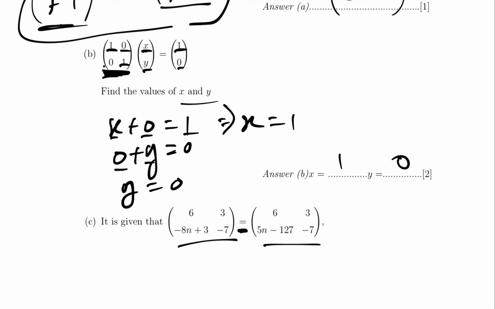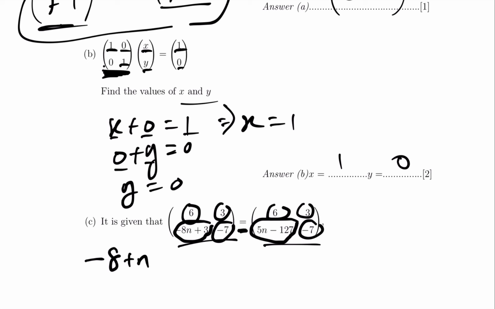As you can see, 6 here and 6 here in position 1 1, 3 here and 3 here, -7 here and -7 here, meaning also this value should be equal to this value.